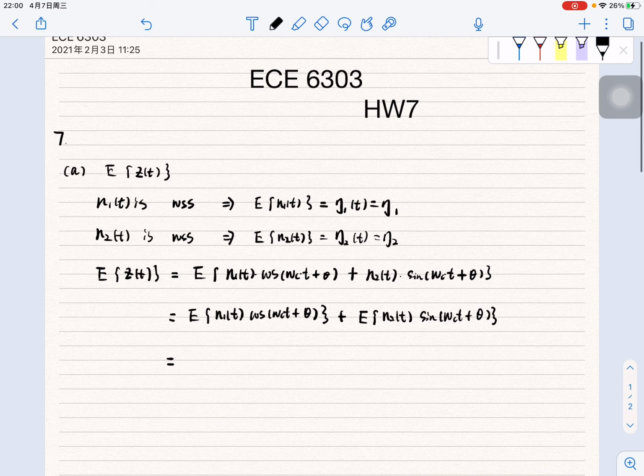And we know that n1 and cosine are independent, so we can write this as the expectation of n1 multiplied by the expectation of cosine omega c t plus theta, and the expectation of n2 multiplied by the expectation of sine omega c t plus theta.